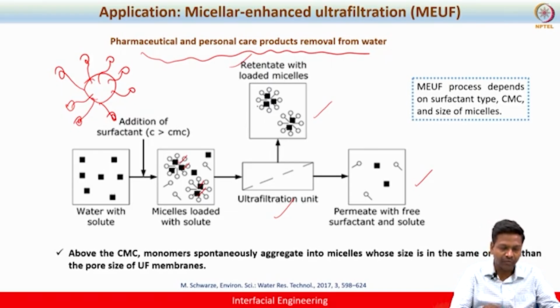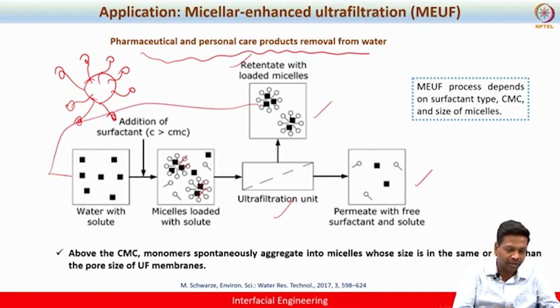So ideally, we need to recover the surfactant, and it has to be reused. Only then the process will be economical. So for that, what one has to do is what we are going to look at as we move further.